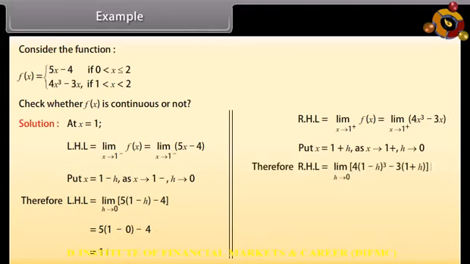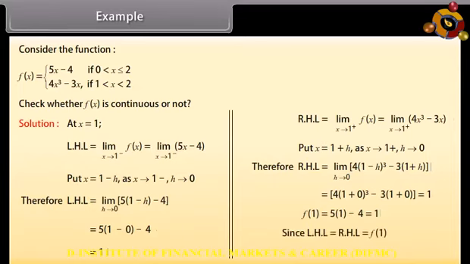Therefore, right-hand limit is equal to limit h approaches 0 of 4(1 + h)³ - 3(1 + h), which is 4(1 + 0)³ - 3(1 + 0) = 1. f(1) = 5 × 1 - 4 = 1. Since left-hand limit is equal to right-hand limit is equal to f(1), therefore f(x) is continuous at x = 1.